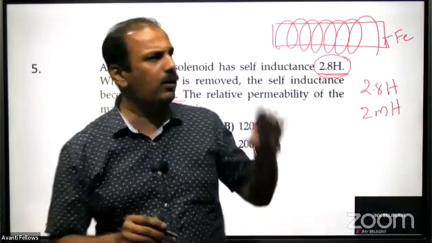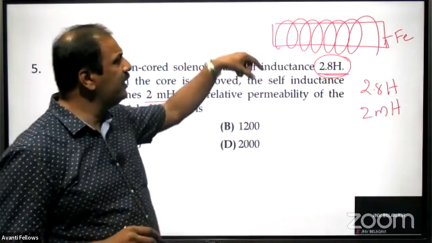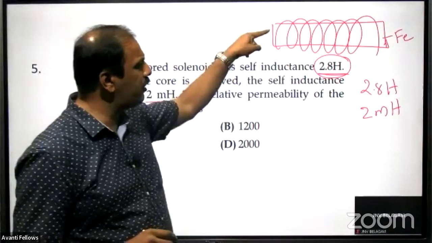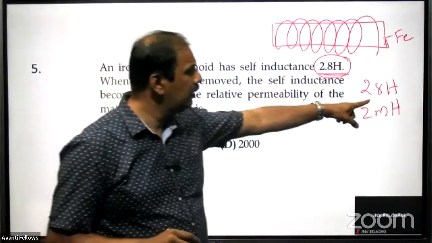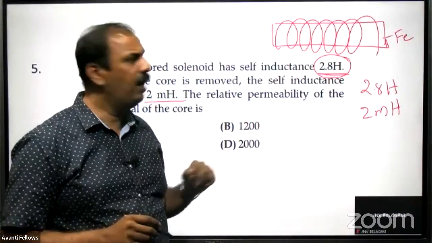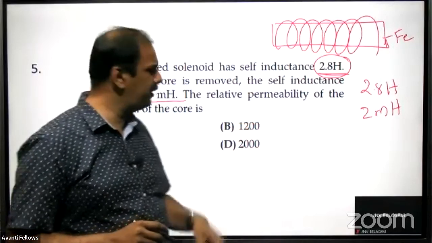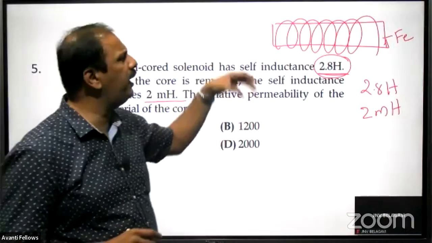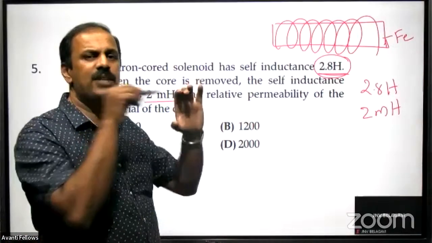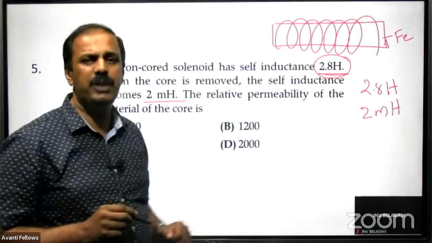When you have a coil with a core inside, the inductance is very high. When you remove the core and only air is there, the inductance becomes very less. Even though it is a problem, you get an idea like that. When iron is inserted inside a coil, the inductance becomes very high.